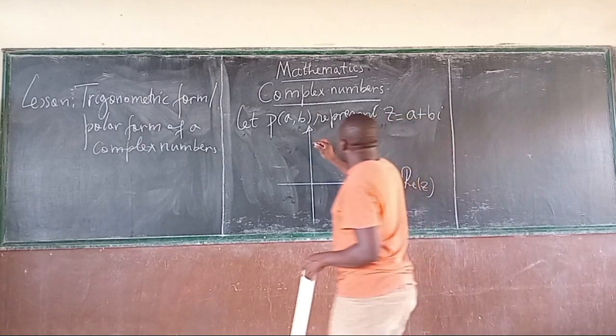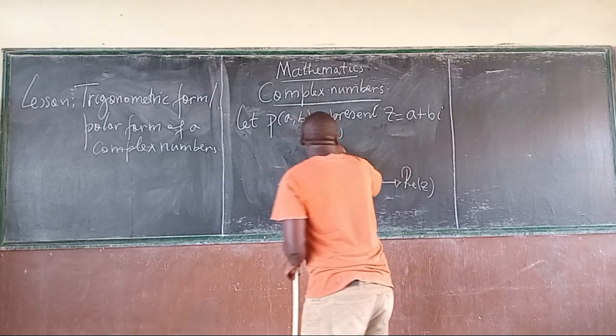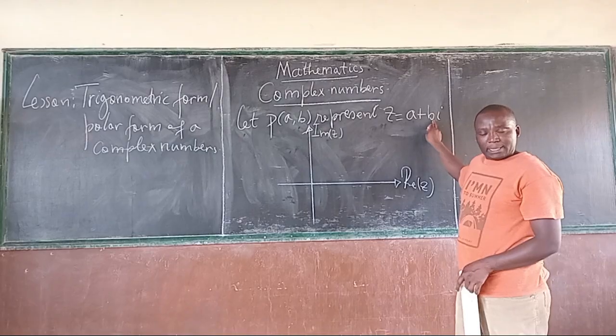And on the y-axis I put the imaginary part of my given complex number z, which is b.